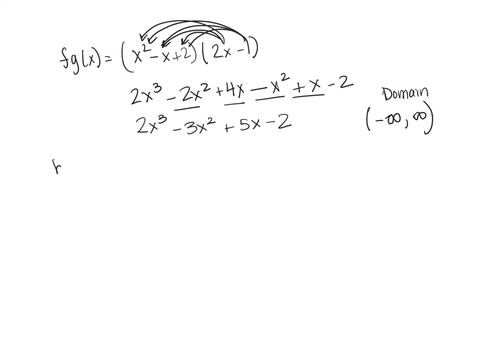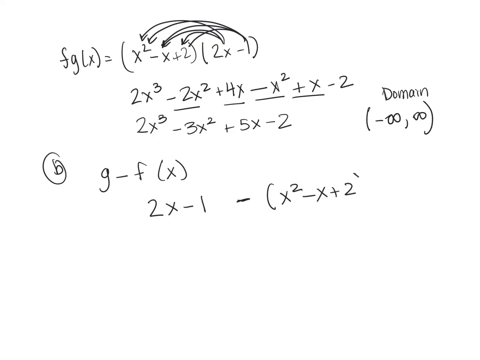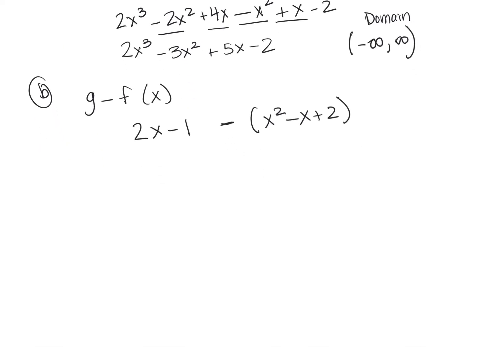Part B. They're saying g minus f of x. So g is this, and we're taking away f, which is this. So this is just simplifying now. Don't forget to distribute this whole thing. If you don't distribute, that's a really common mistake.